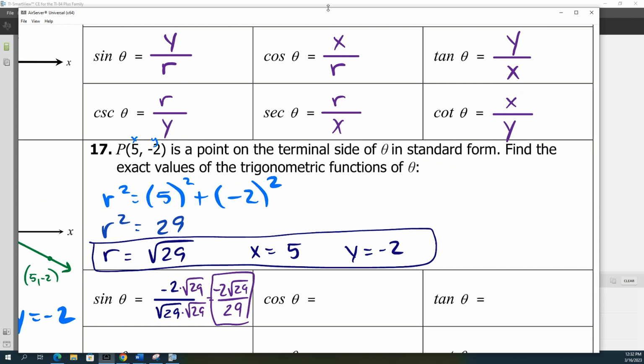Okay, when I go to find the cosine of theta, I'm going to use this rule right here. It tells us to take the x and divide it by the r. So x is 5. R is the square root of 29. So we are going to have that extra step on this one.